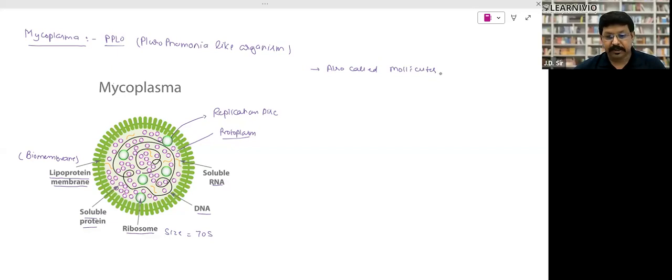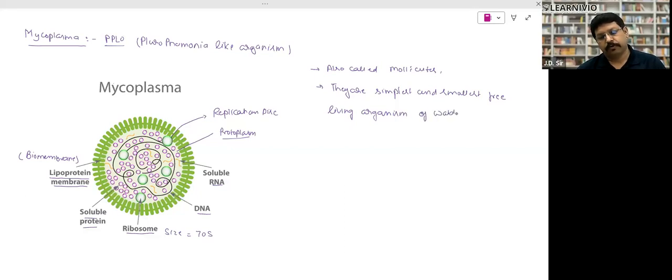And they are the simplest and smallest free living organism of the world, right? They are the simplest and smallest free living organism of the world.